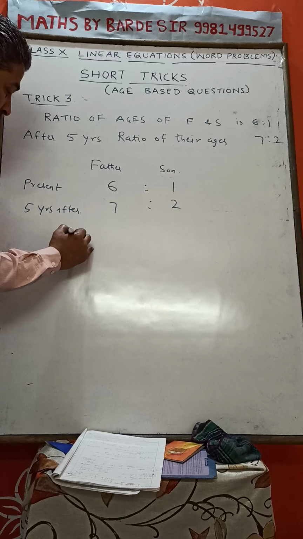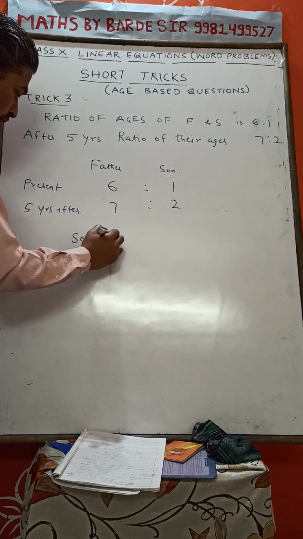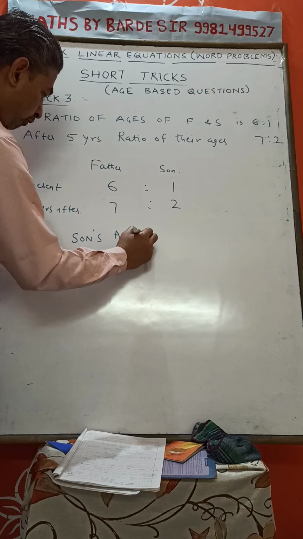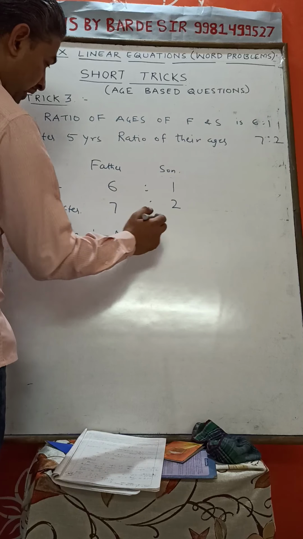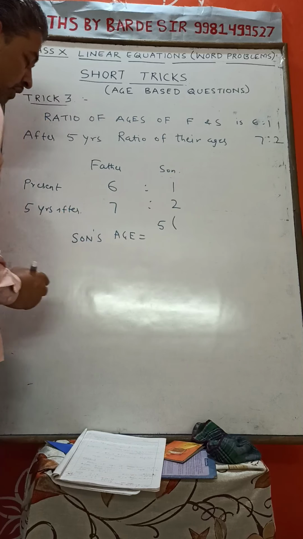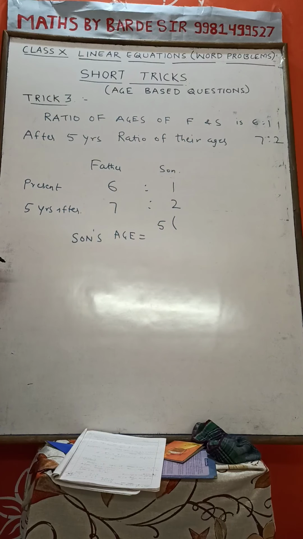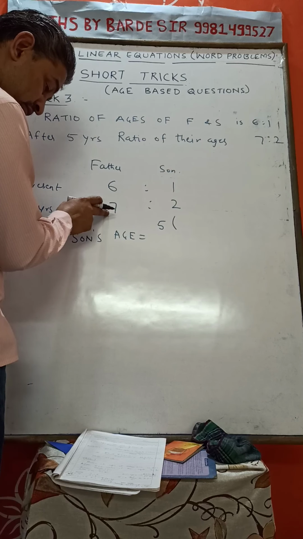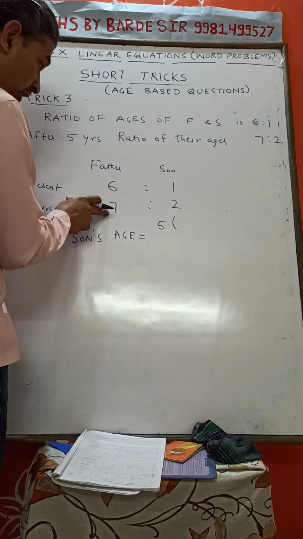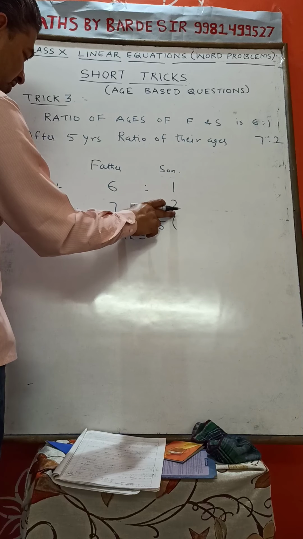will be equal to number of years, that is 5, into 7 minus 2, the difference of this.